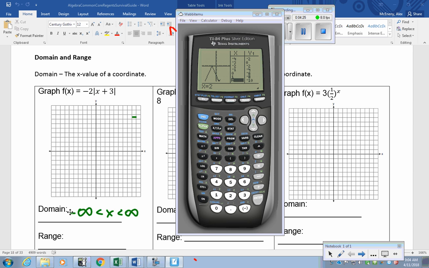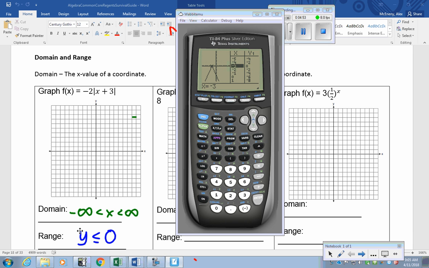And then in the case of range, it looks like the graph gets as high as 0, but then in each direction, whether you're going left or right, it goes down. So that would mean that for the range, the y values are going to be less than or equal to 0. And you want to include the equal part because 0 is one of the values in the table. Okay, so that's what you want to look for when you're doing the domain and range.